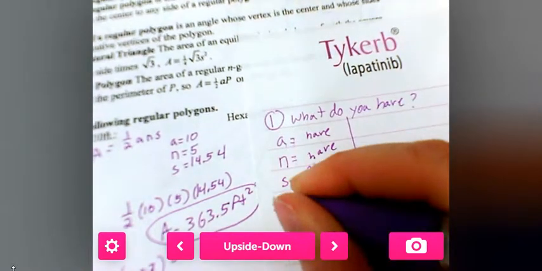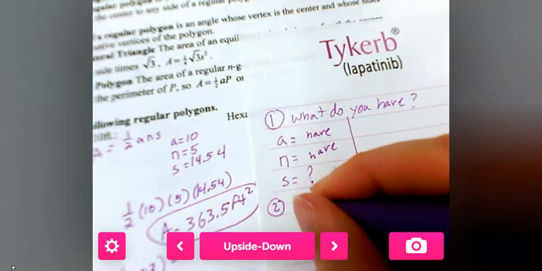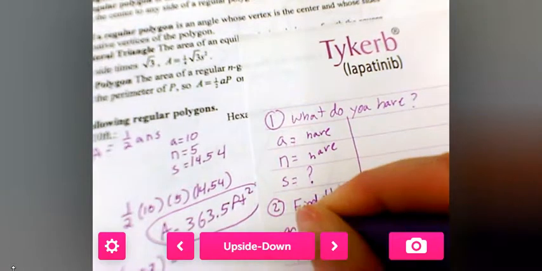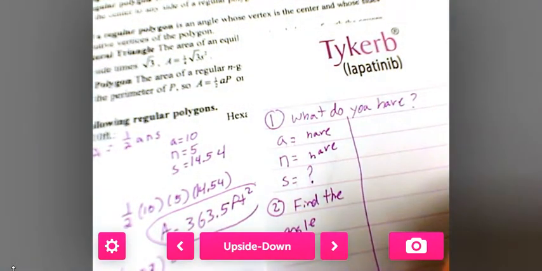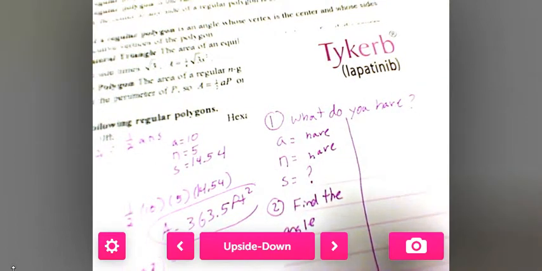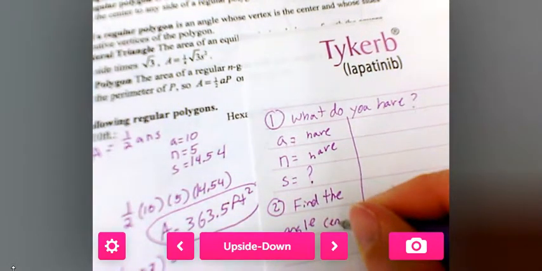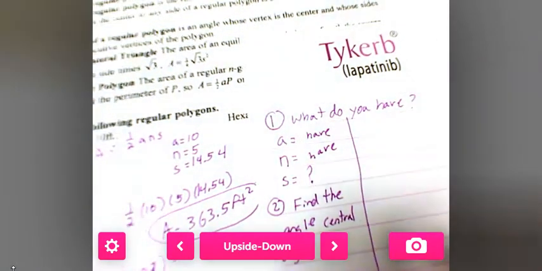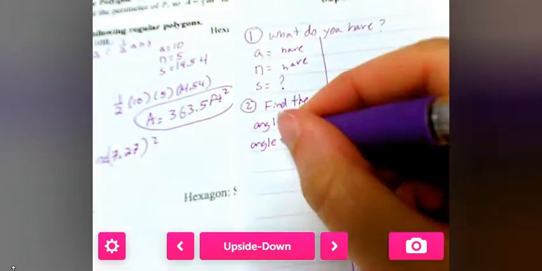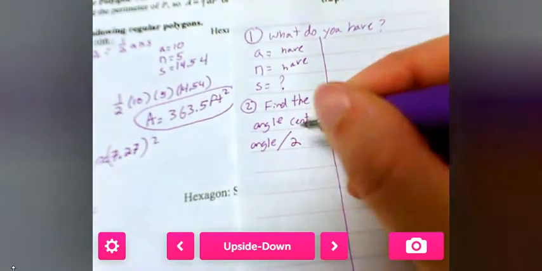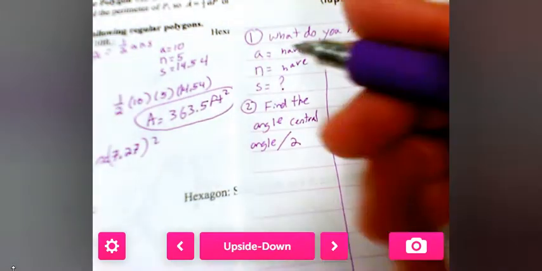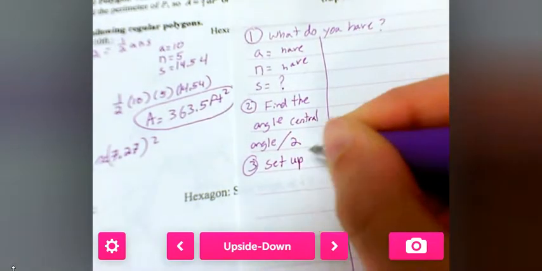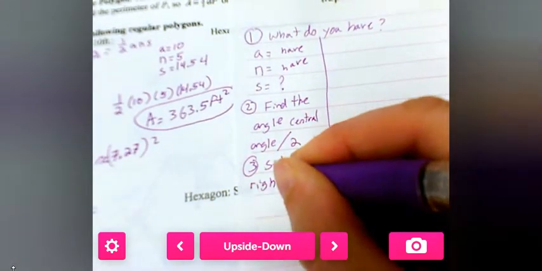So our second step is find the central angle. Sorry, I'm recording, so I'm going to keep going. Central angle. And then in step 2 as well, we're going to put divide it in half. Divide by 2. Step 3, set up right triangle.